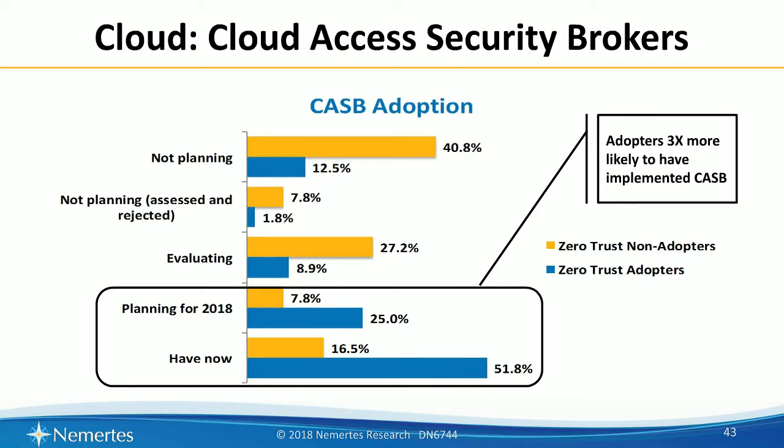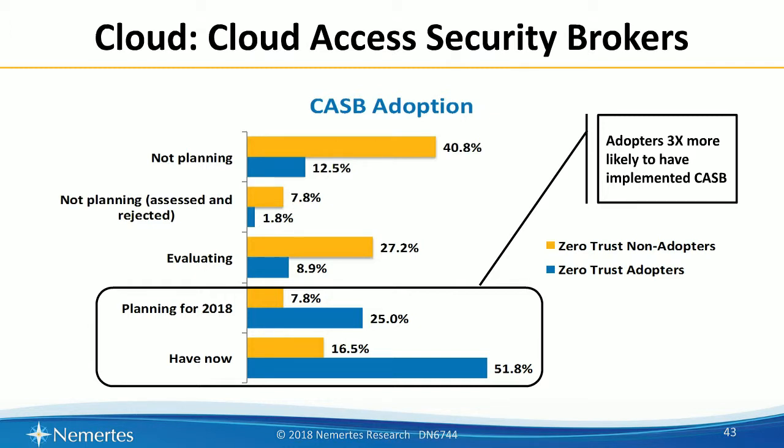Likewise, we see that folks using a zero trust approach are 3 times or more likely to have implemented a cloud access security broker to help secure their organization's use of external cloud resources, whether SaaS or IaaS or PaaS.